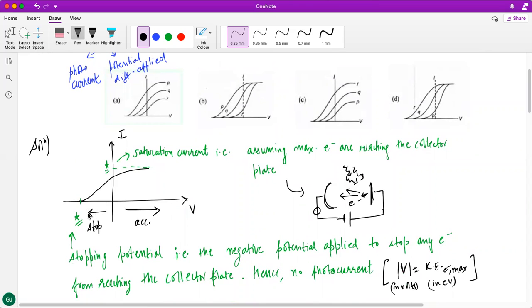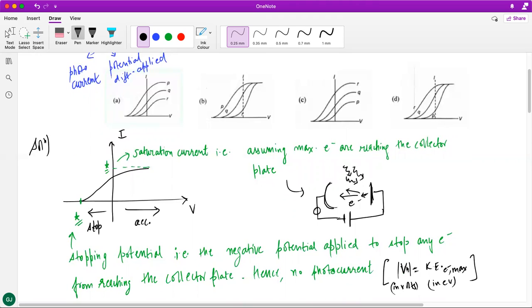Let's first discuss this point on the x-axis. Now, as you can notice, this is the stopping potential, where the photocurrent has become zero, right? So this is the negative potential difference that needs to be applied to stop any electrons from reaching the collector plate. Hence, no photocurrent, right?